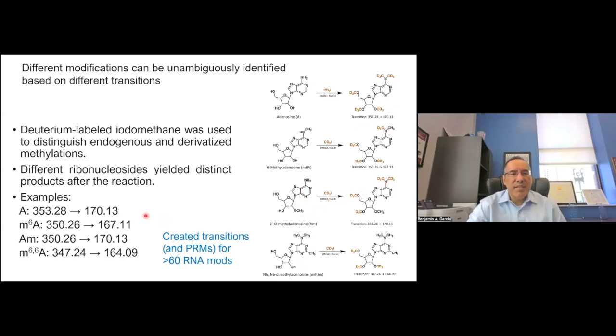And so what ends up happening is that modifications that are isomeric or isobaric at the MS1 level are now differentiated at the MS2 level because they will have different incorporation of the deuterated reagent, either at the base or the ribose.